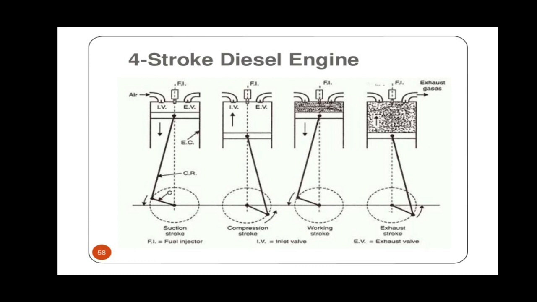Now you know what happens in the second stroke. Whatever fresh atmospheric air we got in our cylinder through the inlet valve in the first stroke, the suction stroke, that fresh atmospheric air, you know very well, gets compressed.